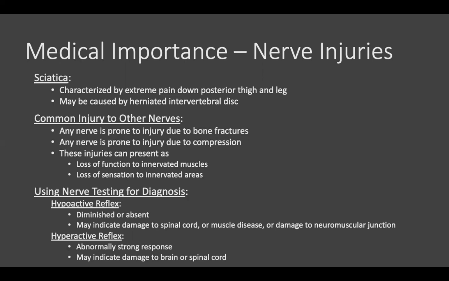Now, on the opposite side, you can also have hyperactive reflexes where you have an abnormally strong reflex to a specific stimuli. And generally, this is not always a bad thing, but sometimes it can also indicate some spinal cord damage, or even realistically a brain damage.